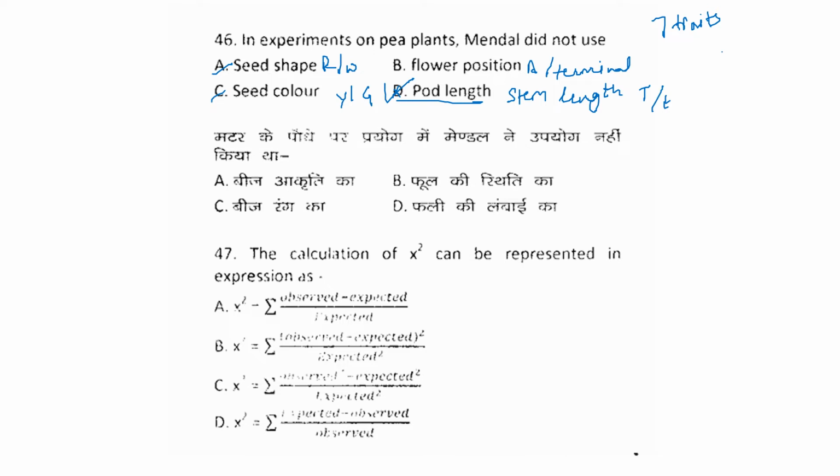So these are the four characters. And the fifth character was the flower color. Flower color was either violet or white. Next was pod shape, either inflated or constricted.